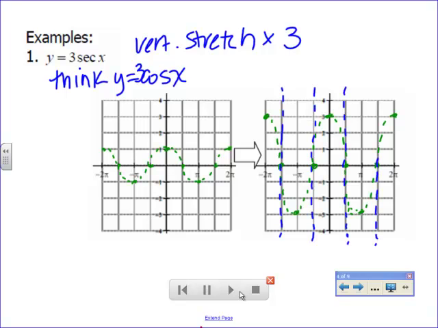Use the new maxes and the new mins as your starting spot and start reflecting away from. You should be filling the whole screen, negative 2 pi to positive 2 pi, and the blue final answer.